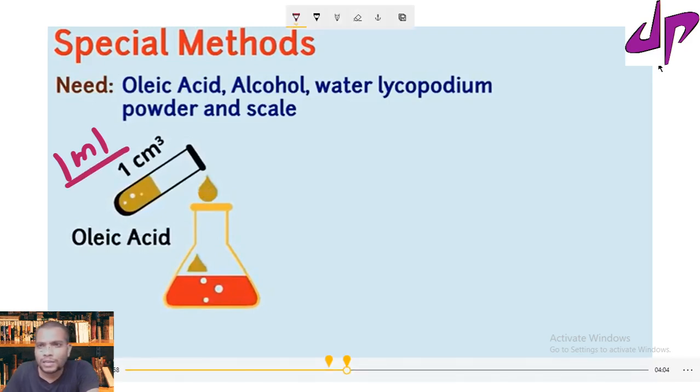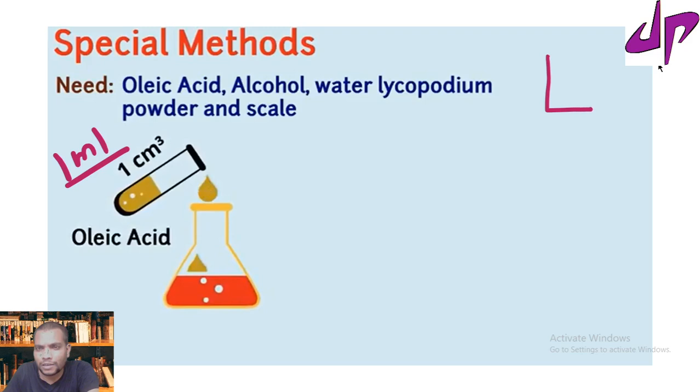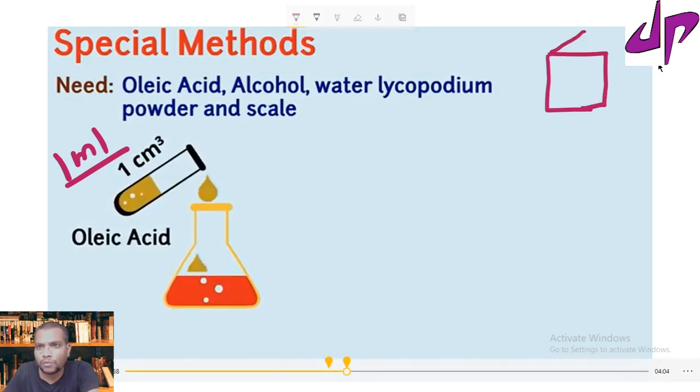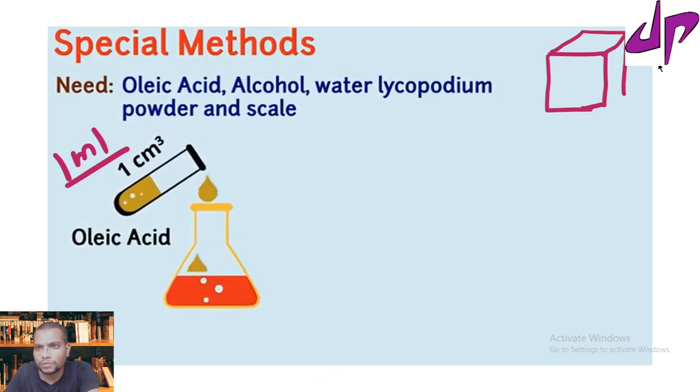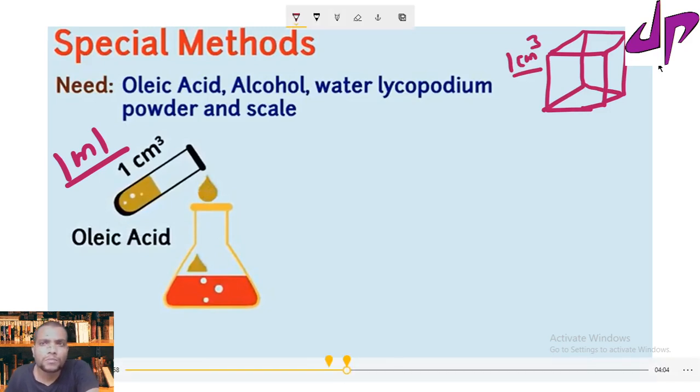Or you can think of 1 ml like this: suppose you have a cube of volume 1 centimeter cube. How much liquid can it hold? That is what we know as 1 milliliter.